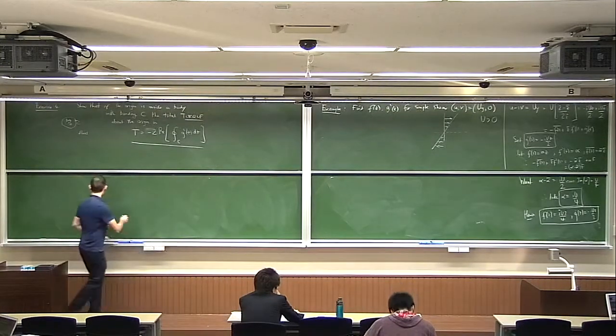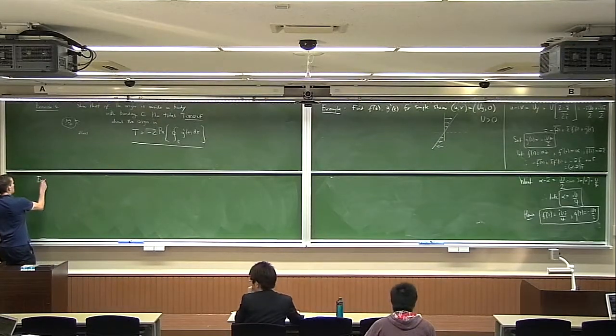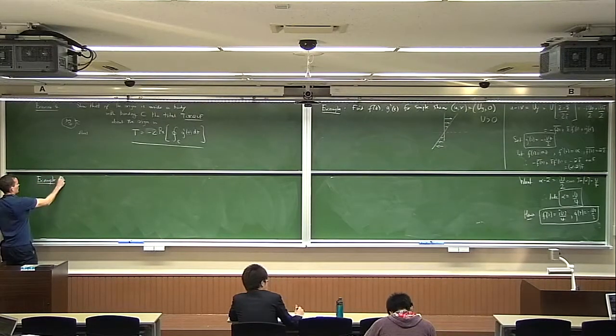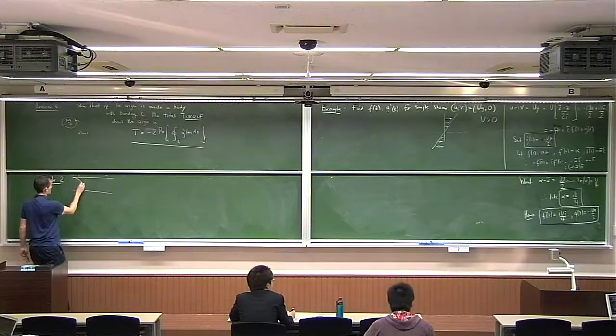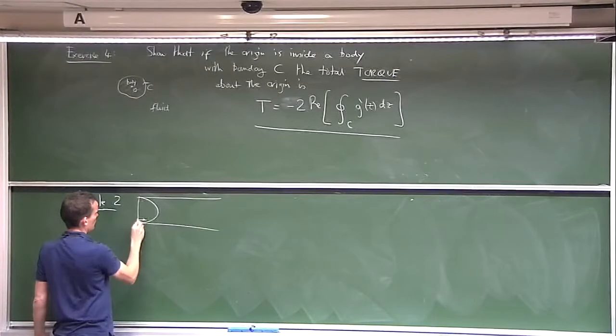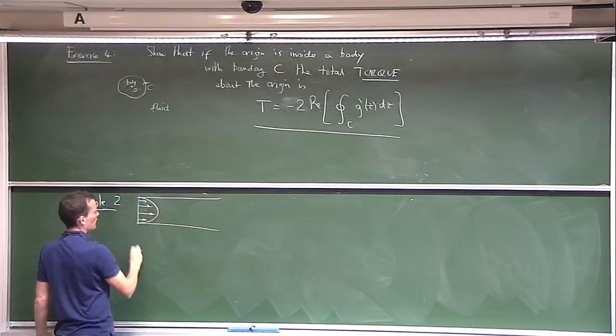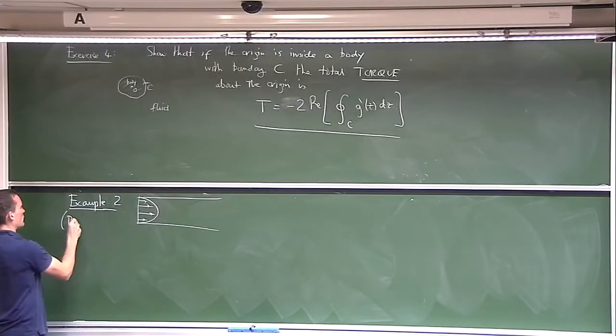Let me just do another example. Suppose you've got a channel. People call this Poiseuille flow through a channel.